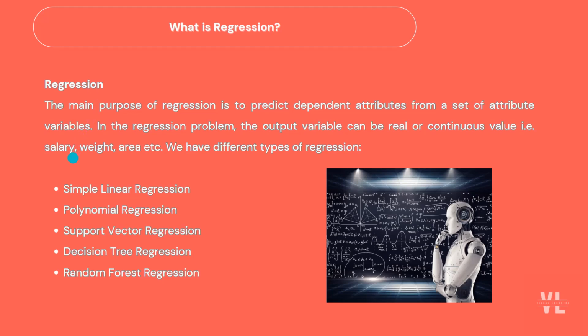Another thing could be salary. So regression problems are all around us, and it's up to us to decide what kind of regression model could be suitable to solve that specific problem.